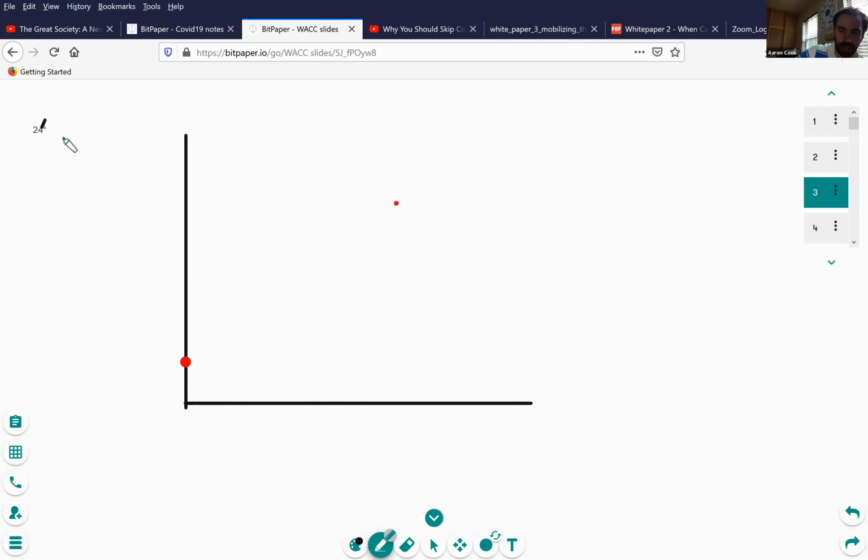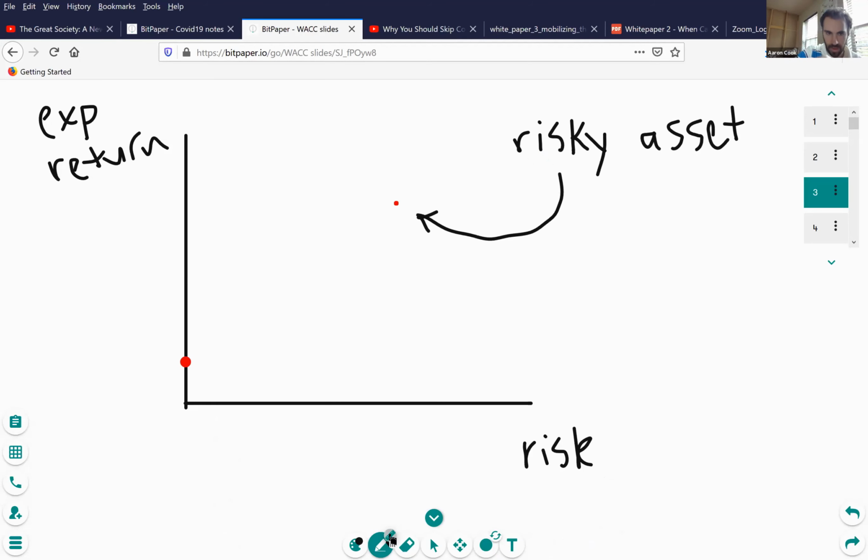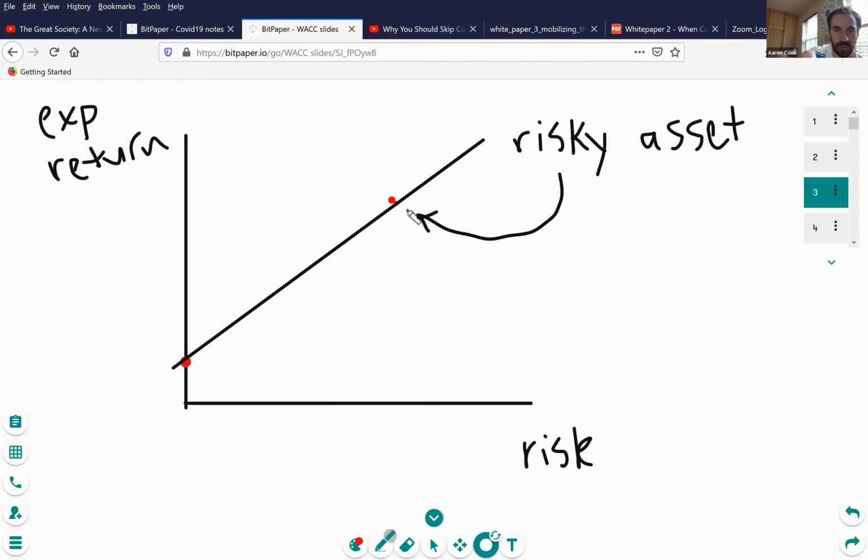This is expected return. This is risk. And just a reminder, this is the risky asset. You can achieve any combination of risk and return that falls along the line between the risk-free rate and the risky asset. So the risky asset is here. The risk-free rate is down at the bottom left-hand side.